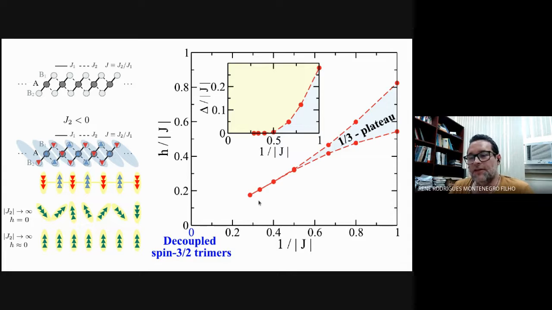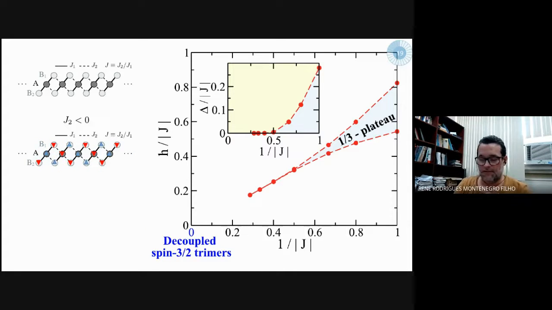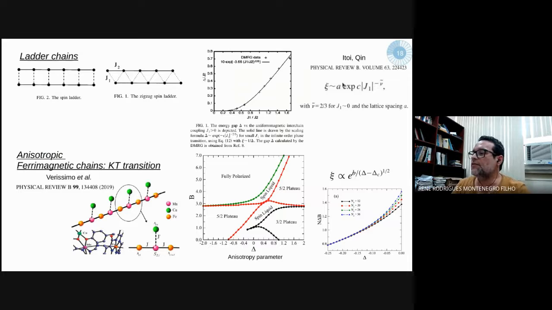So if the gap closes only here in the decoupled spin 3/2 limit, we expect that this first scenario is occurring in our system.